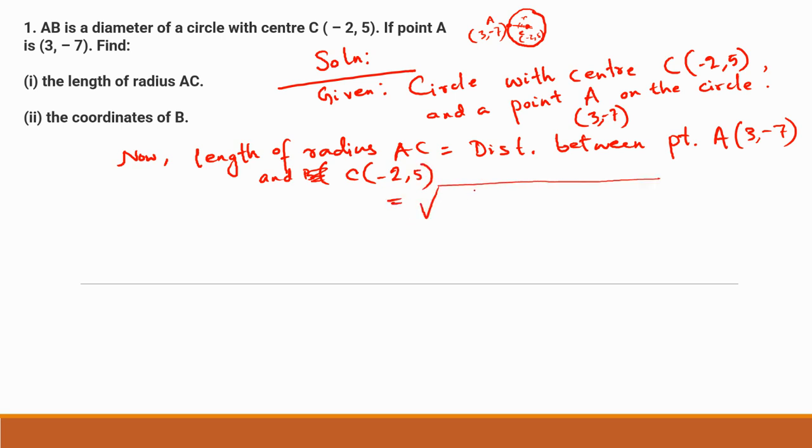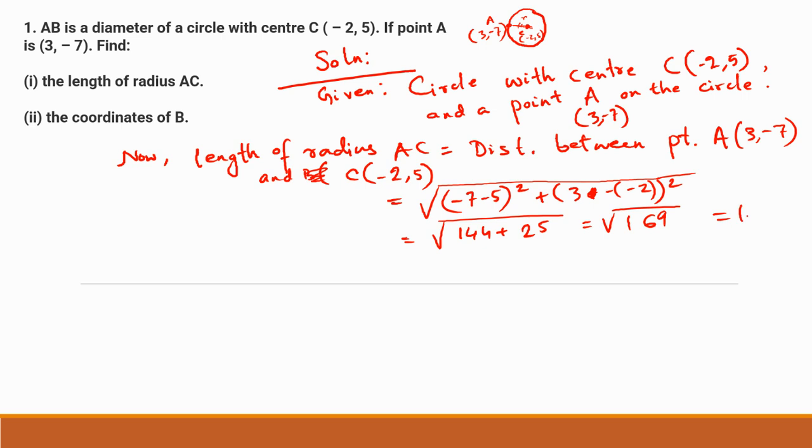It will be root of (minus 7 minus 5) square plus (3 minus of minus 2) square. From there you get 12 square, which is 144, and 3 minus of minus 2 is plus, 5 square is 25, so it's 169, which is 13.